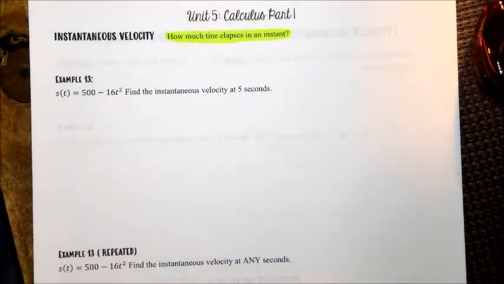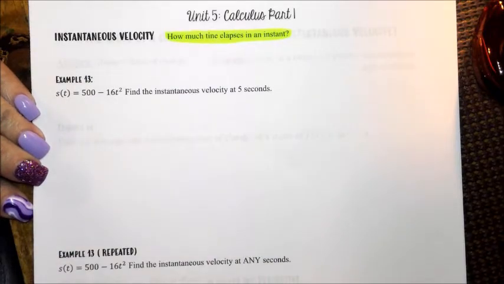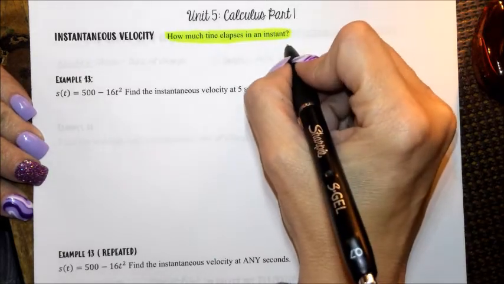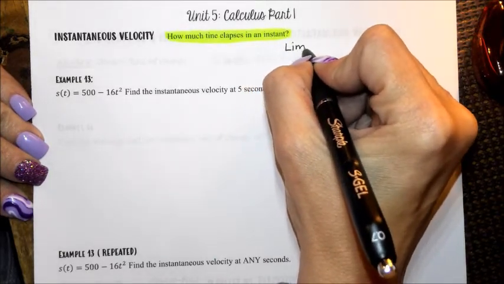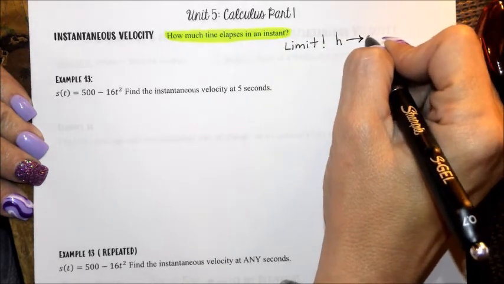Okay, so back to instantaneous velocity. I just said that if you're doing instantaneous velocity, there has to be a little bit of time that passes, because if it didn't pass, we'd be the same age forever. So you want to think about this as a limit, as h approaches 0.